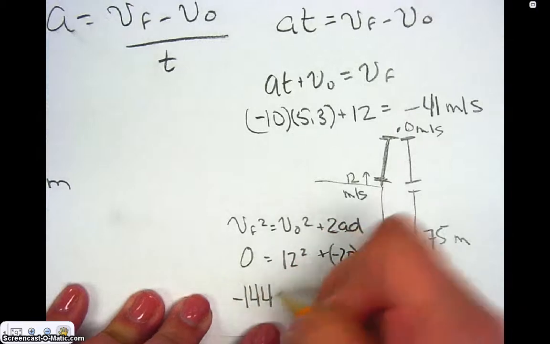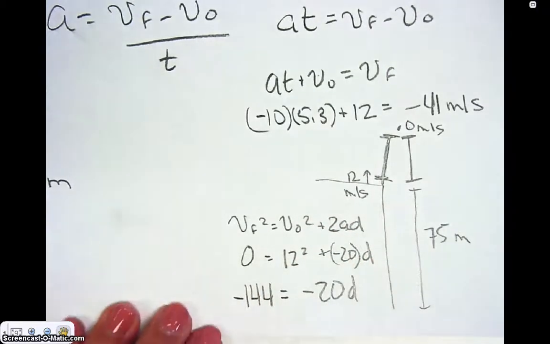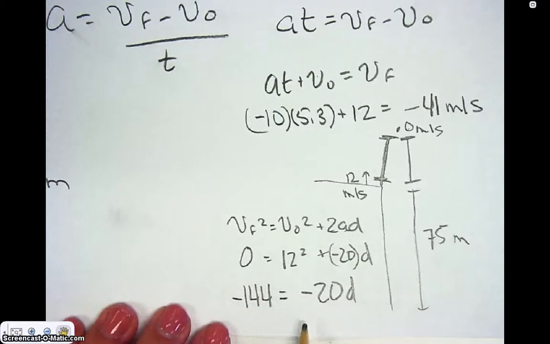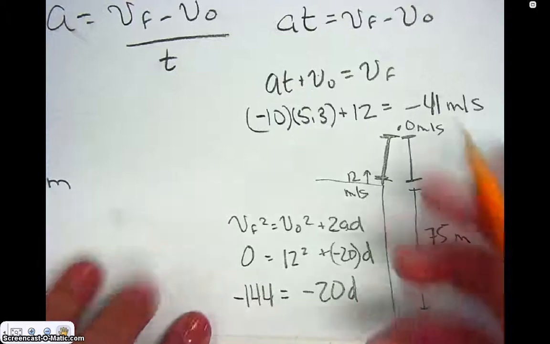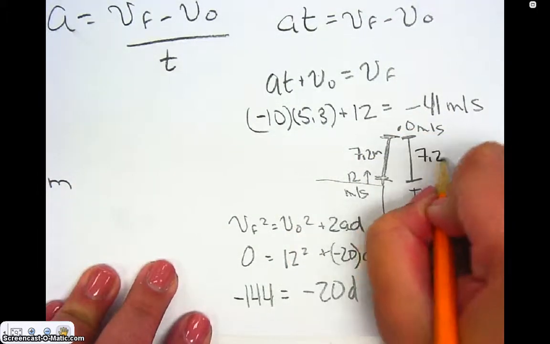So 144 equals negative 20D, and 140 divided by 20 is roughly 7. It's actually, if you plug it into a calculator, 7.2. So this is 7.2 meters, and this is 7.2 meters.